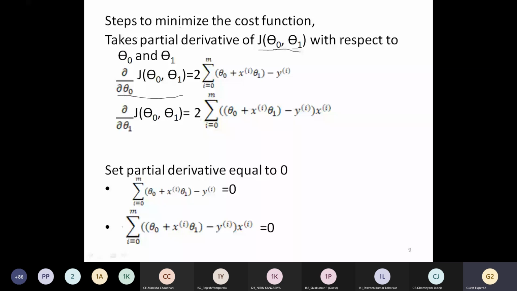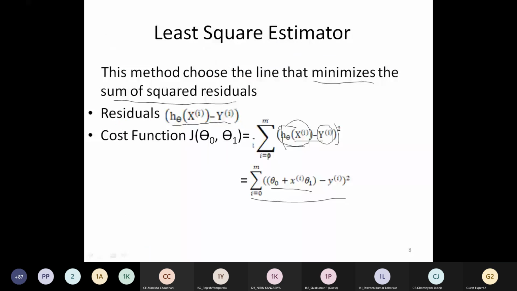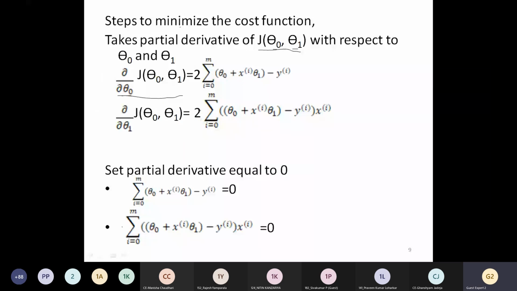If we take the partial derivative of this equation with respect to theta 0, we'll get 1 here, 0 here, 0 here. But before that, we have to do 2 into this function and 1. Okay, so we'll get 2 into our function into, for theta 0 we'll get 1, for this 0, for this 0.